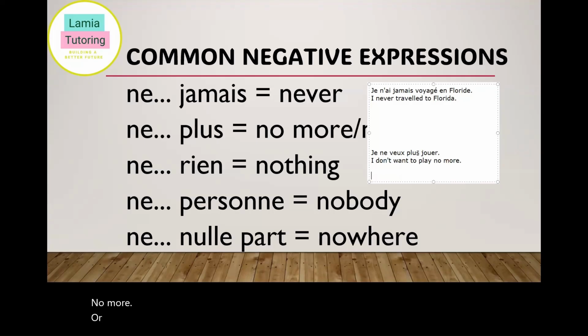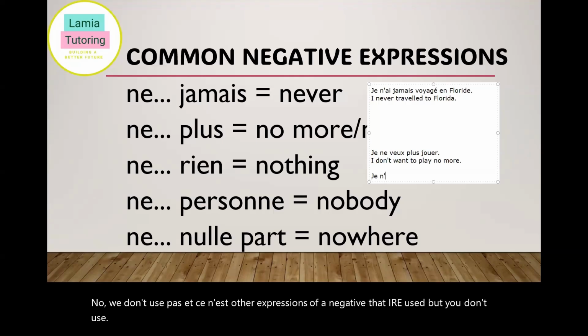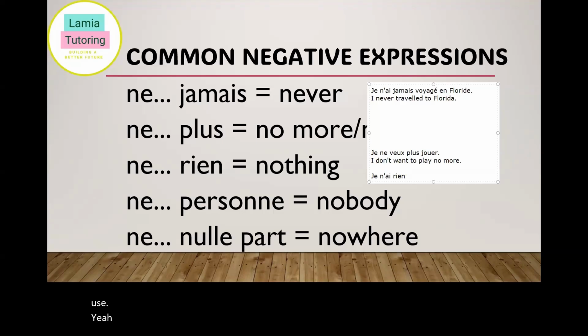In this one, we don't use pas, right? No, we don't use pas. It's other expressions of a negative that are used, but you don't use pas in it. So the structure is subject plus ne plus verb plus plus or rien.